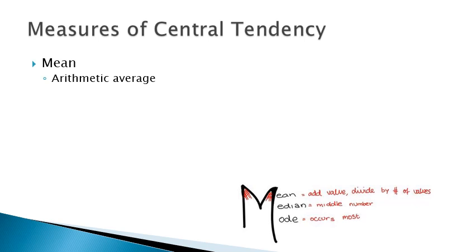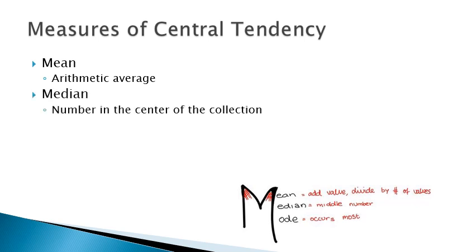Let's say I'm looking at the age of everybody in this class. How would I calculate the mean age? I would get everybody's age, add them up, and divide by the number of people in the class. That is my arithmetic average. That's showing me the center arithmetically of where age is in our class.